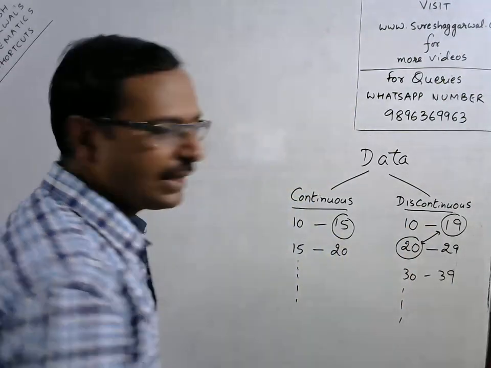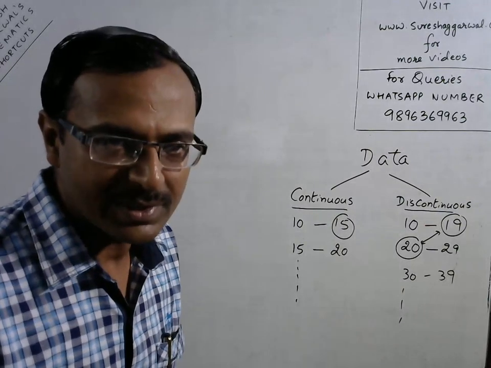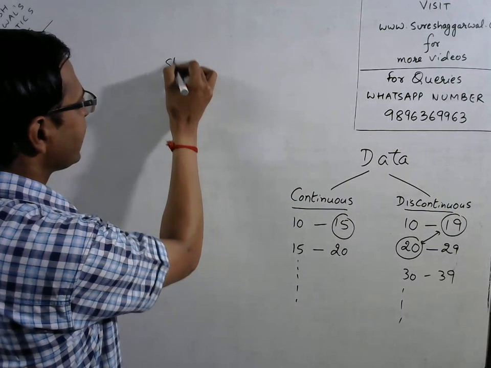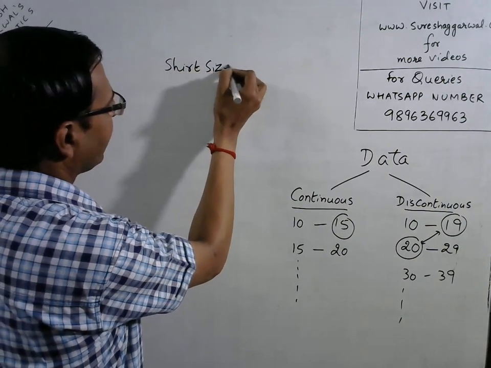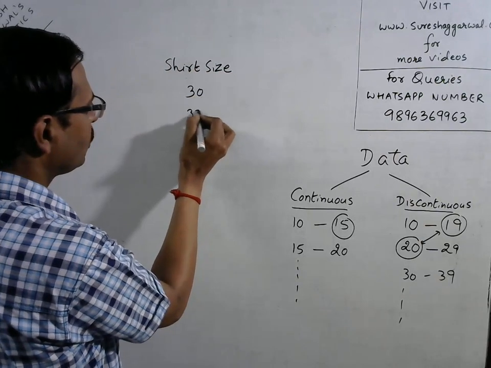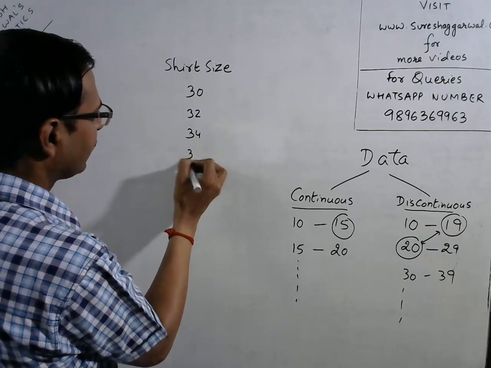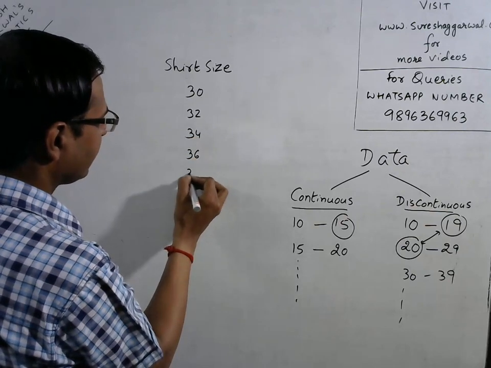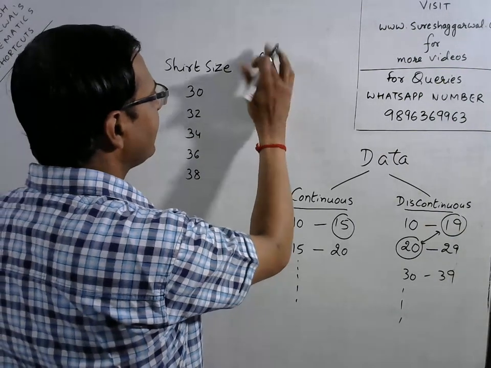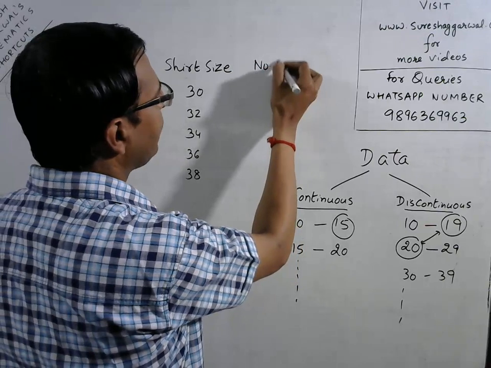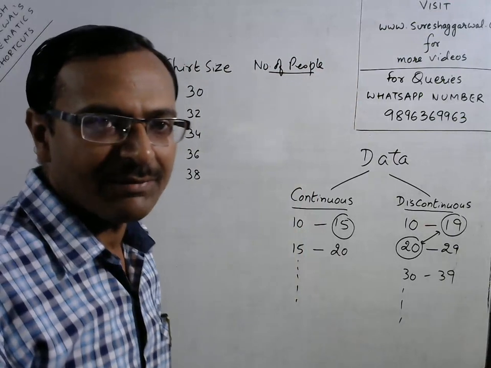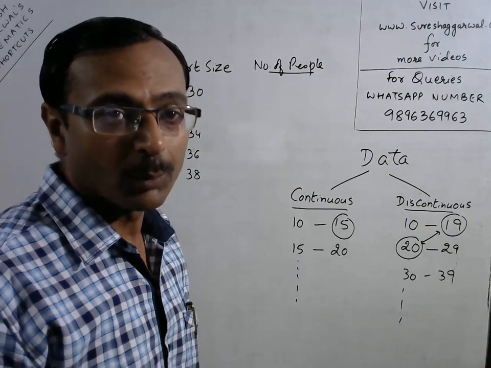Now another type of data is when you are given the cumulative frequencies. Suppose you have shirt sizes, and the shirt size starts from, say, 30, then 32, 34, 36, 38, and so on. And the frequency, or the number of people, is given in the form of either a less than type or more than type table.